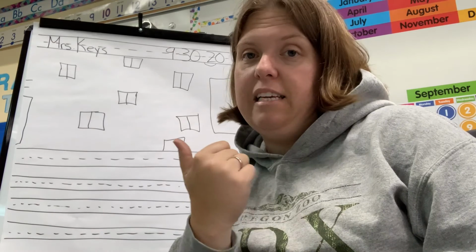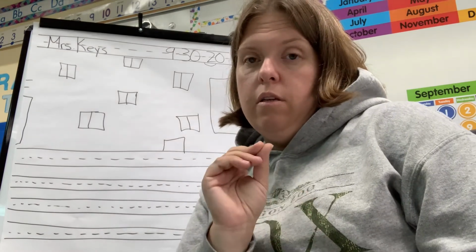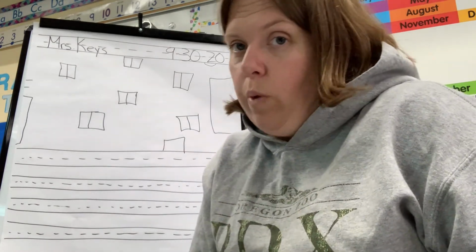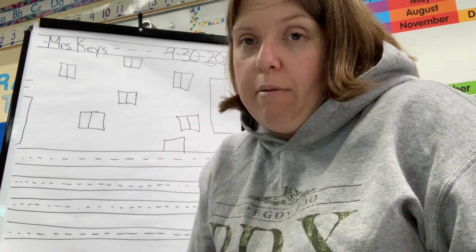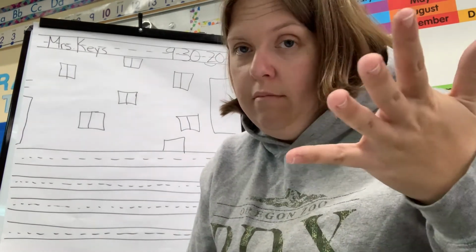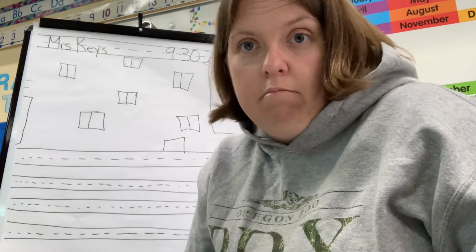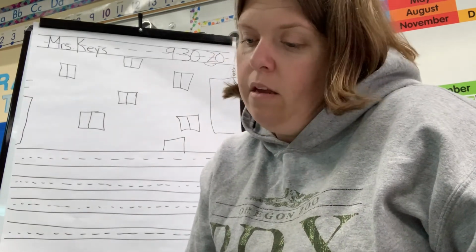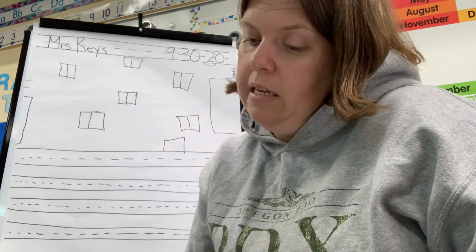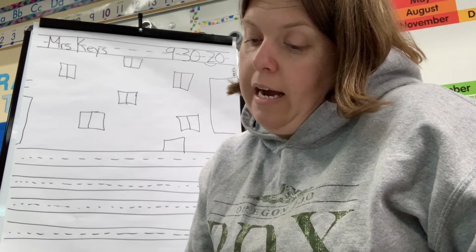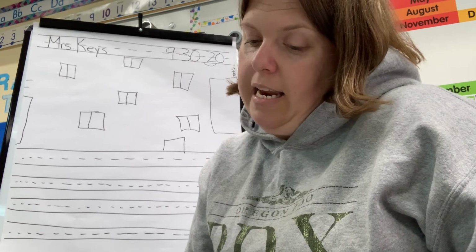Names of places, names of people. We capitalize them, okay? Raymond gets capitalized. Mrs. Keys gets capitalized. Grayson gets capitalized. Okay? So, we always capitalize the word I, the beginning of a sentence, and names.